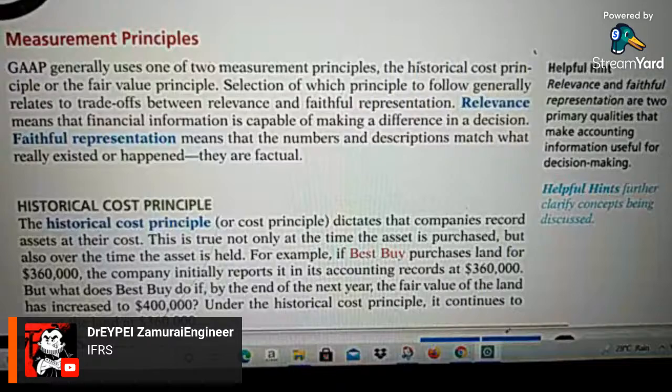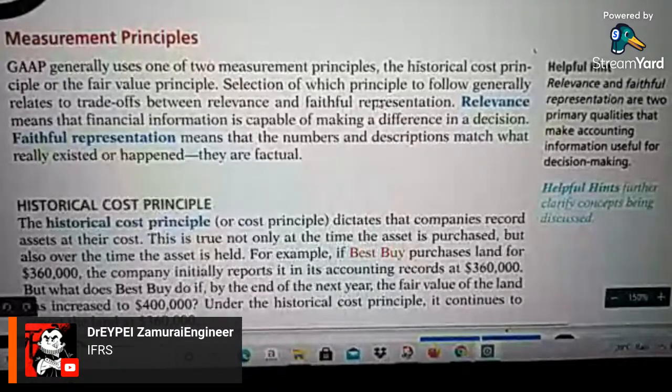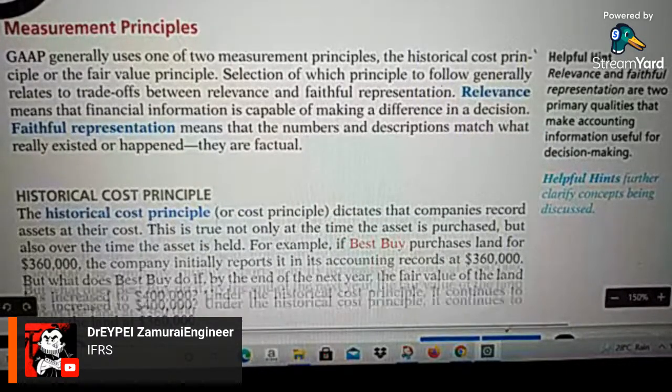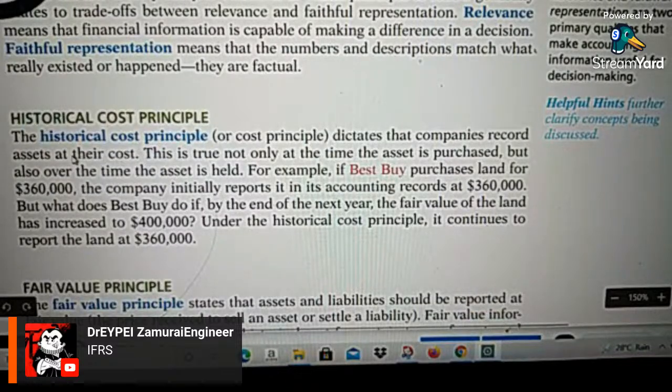There are several degrees. So let us look at GAAP, historical cost principle, or fair value principle. Historical cost principle. What do you mean by historical cost? Okay. Cost principle dictates that companies record assets at their cost. This is true not only at the time the asset is purchased, but also over time the asset is held.